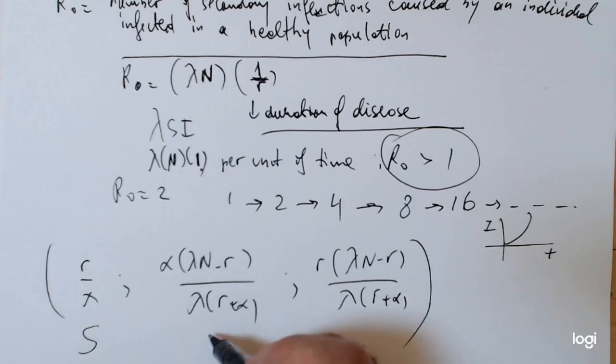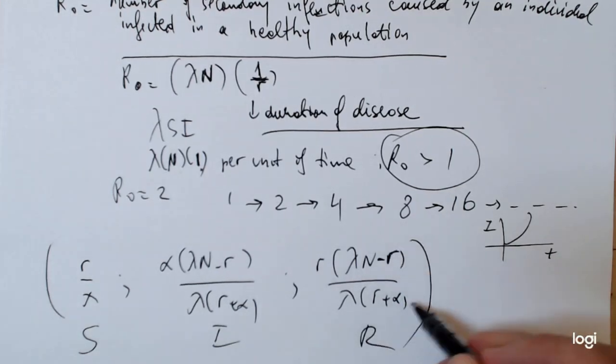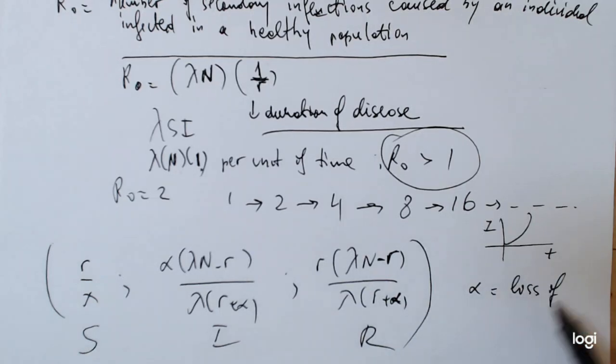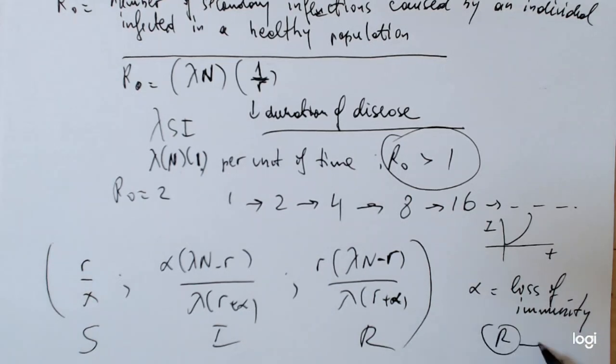So that's I and that's R. Sometimes it might be useful, for instance, to estimate the impact of some parameters, right? So alpha, remember, is the loss of immunity rate.